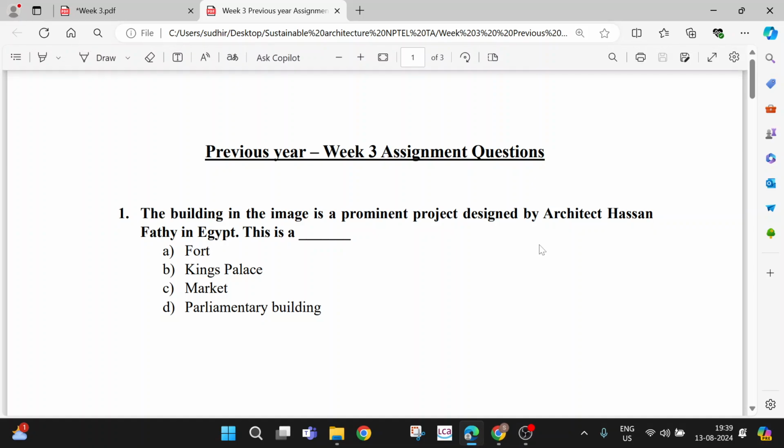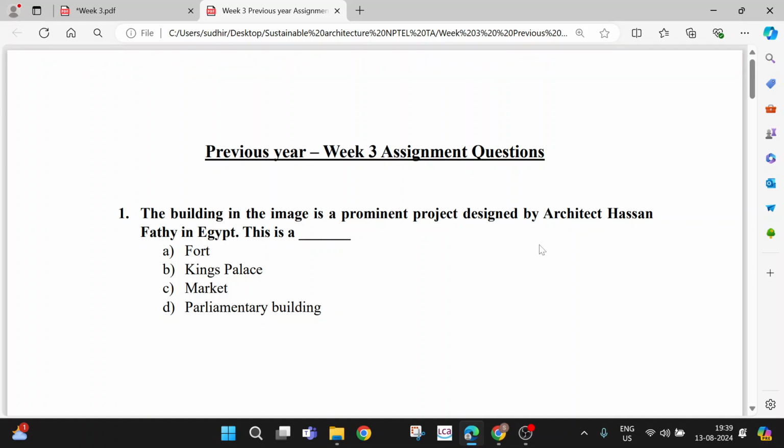Yes, it's a marketplace. The building designed by architect Hassan Fathy referred to here is the New Gourna village market. Option C. With the picture of Hassan Fathy, the construction work of this marketplace was also shown in the subsequent slides.